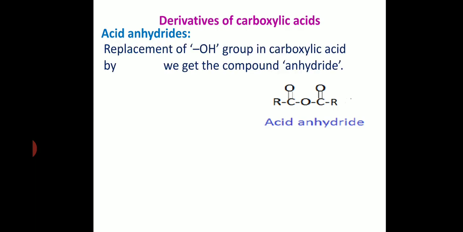How is it derived? Replacement of the OH group in carboxylic acids by OC double bond OR, we get the compound anhydride. So example, ethanoic anhydride.